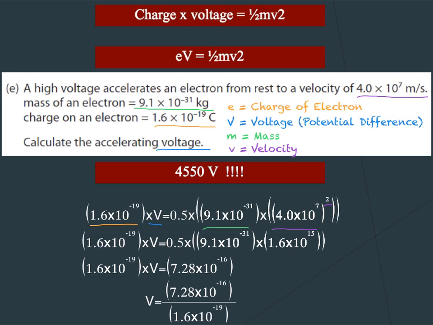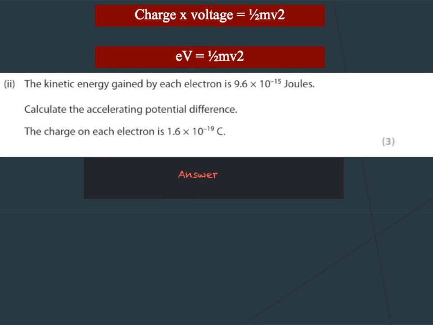We will now look at a second examination question. In this question, we are given the kinetic energy gained by each electron. EV equals half mv squared and also equals KE, where KE is equal to the kinetic energy.